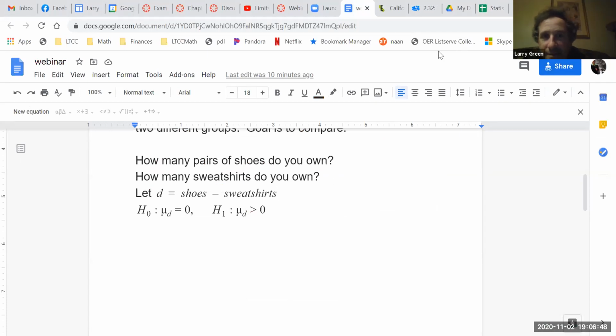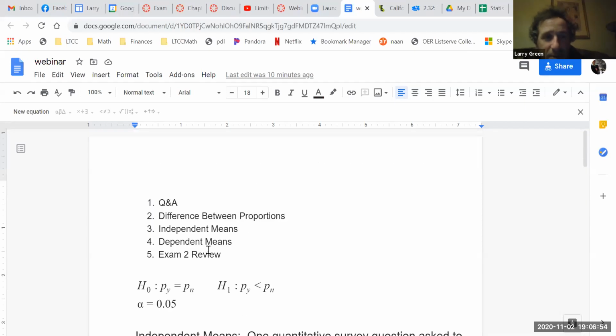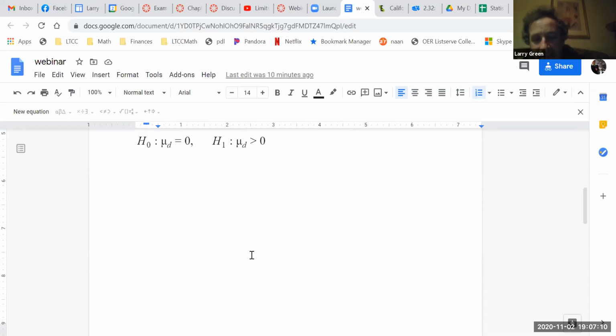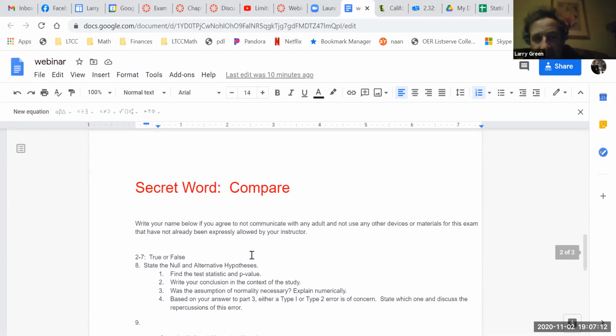that we've got, let me move more Zoom stuff out of the way. Okay, if you look at what I have to say, that's pretty much chapter 10. And again, I have to go through everything fast because we just have the one day, and I do want to get to the exam 1 review. But before I do that, I have a secret word for you.